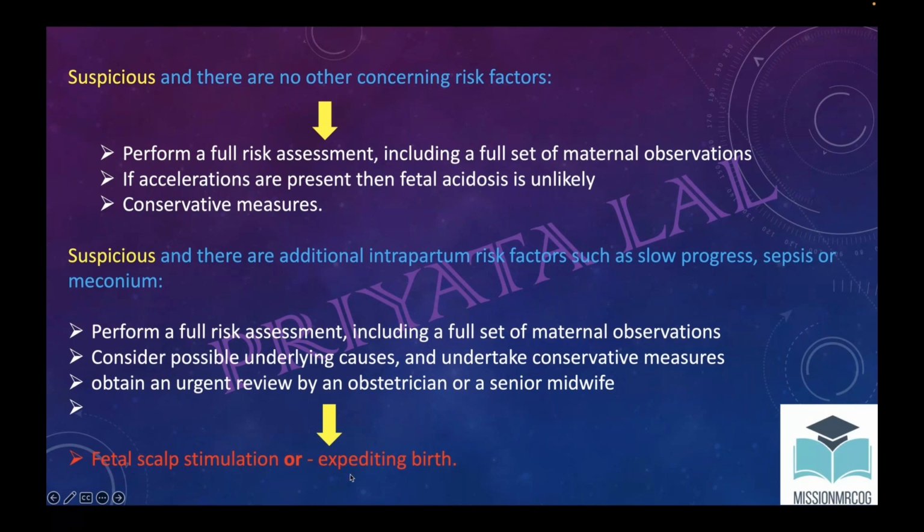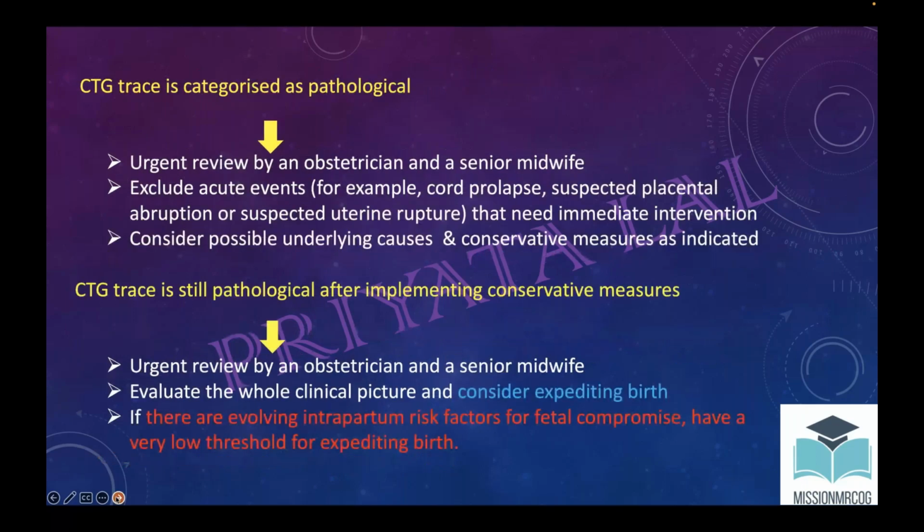Now, what if the trace is pathological? If the trace is pathological, it is urgently to be reviewed by the obstetrician, acute events such as cord prolapse, rupture, abruption to be excluded, and conservative measures to be started. But if you have started conservative measures and the CTG trace is still pathological, what will you do in that situation?